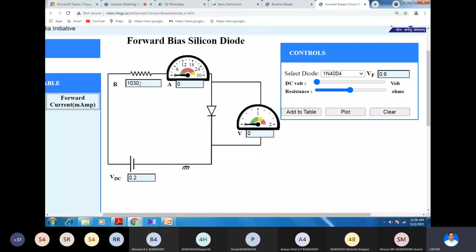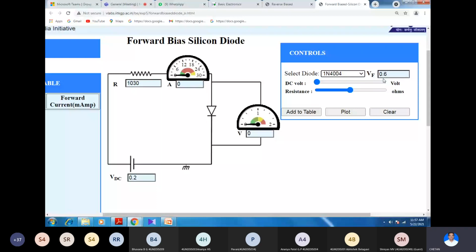The diode that I have selected is a silicon diode, and in silicon diodes there are so many variants. I have selected IN4004. This device has a forward voltage drop, or knee voltage, or threshold voltage, of 0.6.